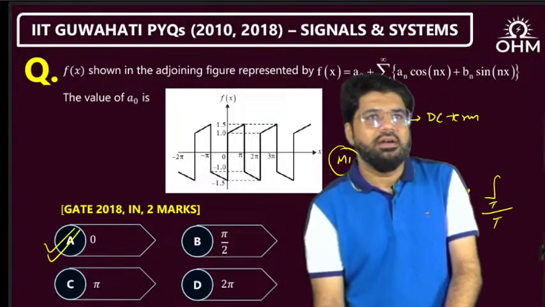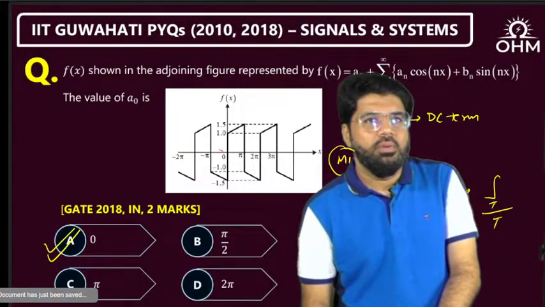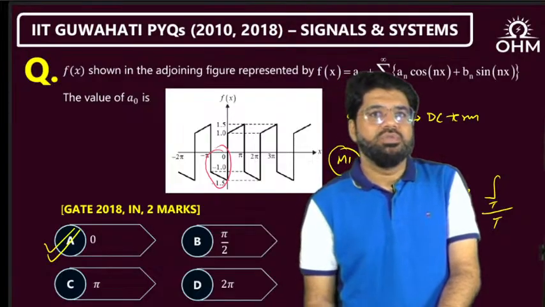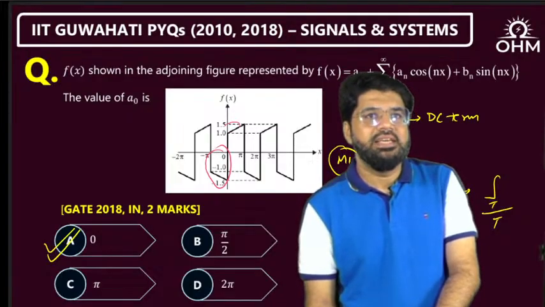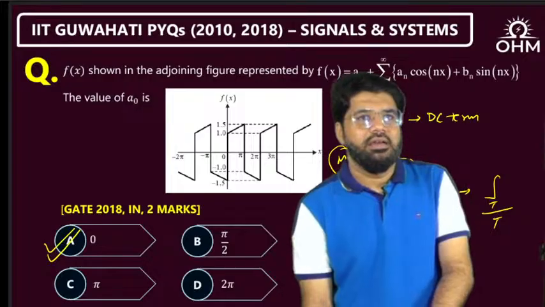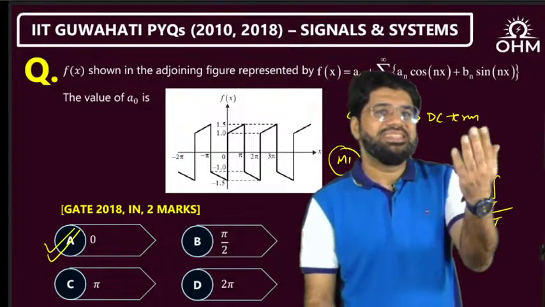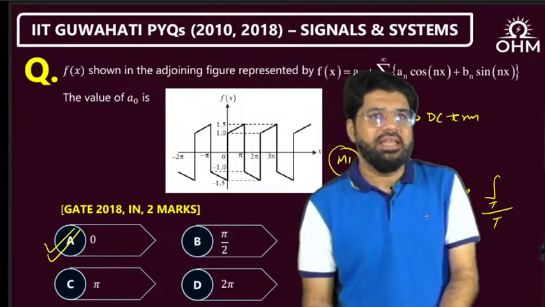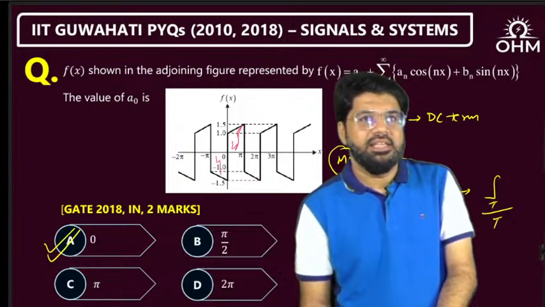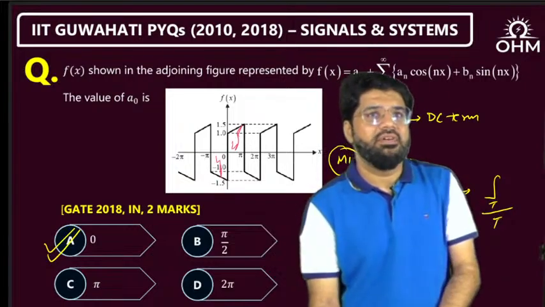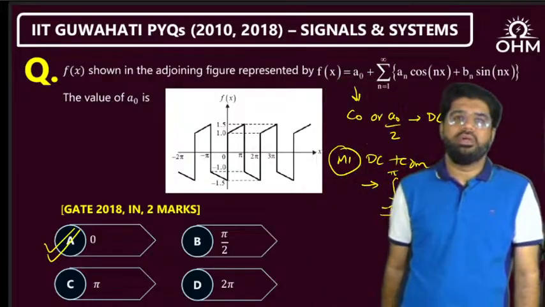Why? Because from -pi to 0 and 0 to pi, when you integrate, both come out as equal but opposite sign areas. One is positive, one is negative, so the answer is going to be 0.